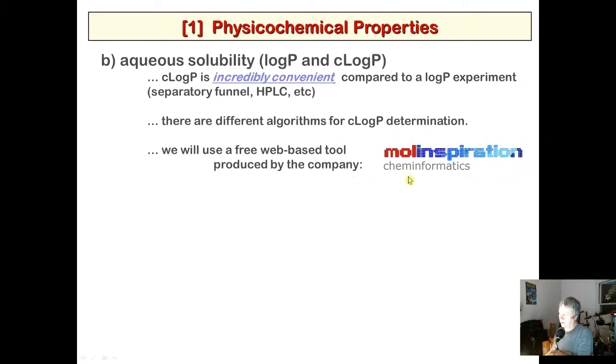We can use it in our class, and you will be able to determine your own C log Ps this way. The other thing is that Molinspiration calls their C log P miLogP, or Molinspiration log P. That's just a different version of the C log P measurement.